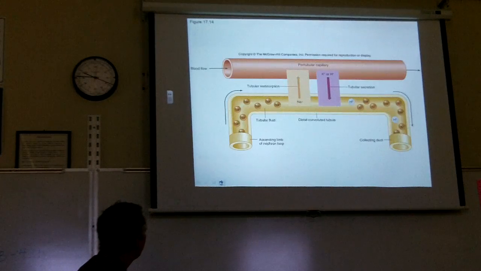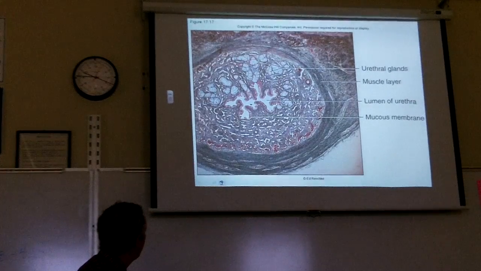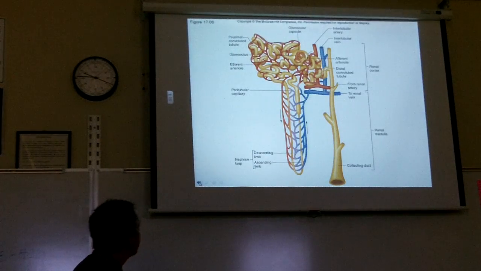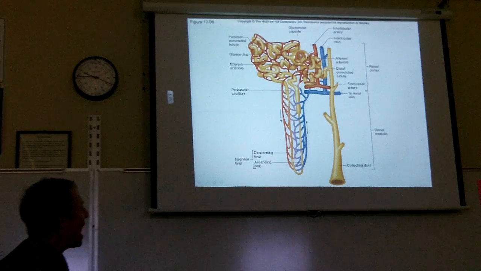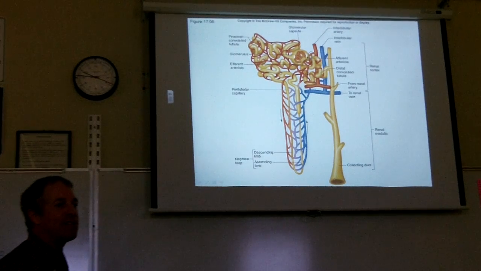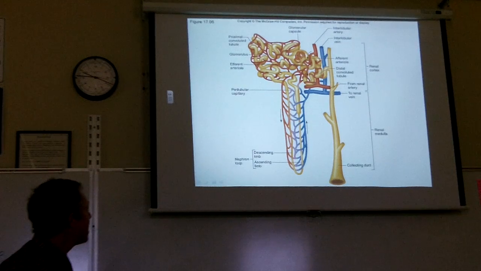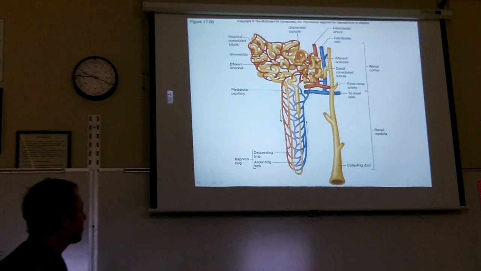Hold on, I want to show you. No, they don't have a good picture of it here. Wait, let me go back. This is a good picture of it. All the stuff that was in the blood, even the good stuff, continues down this curvy tubule, and you can see it's surrounded by blood capillaries.